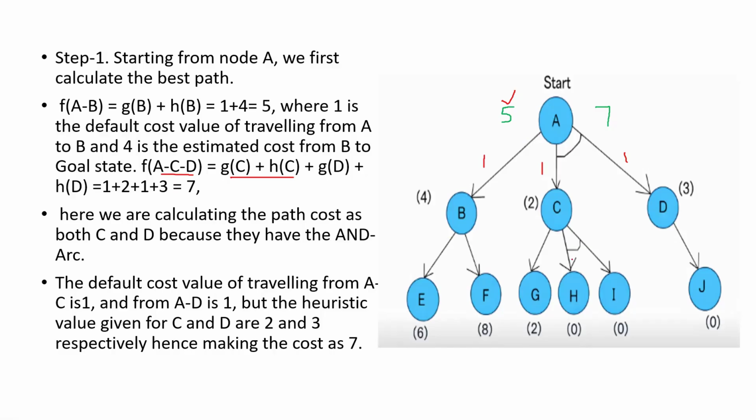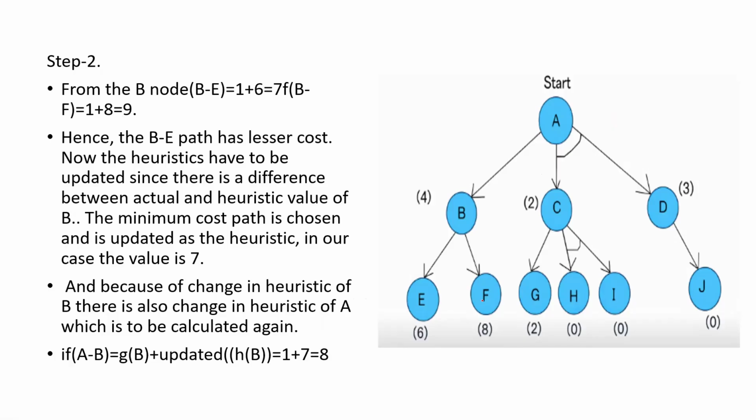That is the rule. We won't go to the other side now. So now we are at B. From B, we have to take first B to E and B to F. I think that is in the next slide.